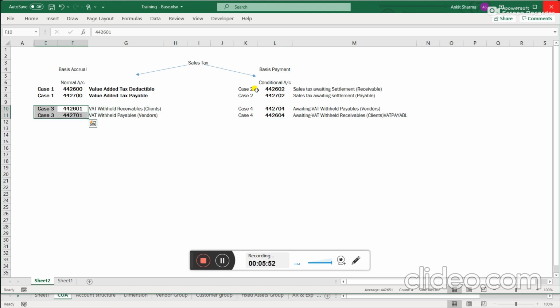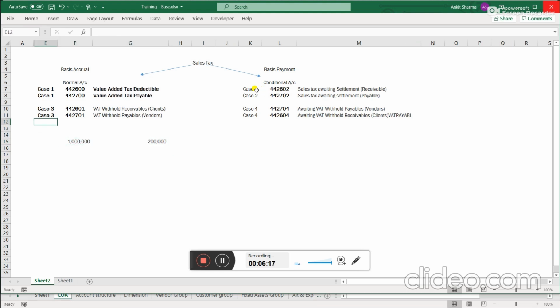I know it's a little bit confusing, but it is very simple because I'm just explaining the mechanism of how it works. You don't have to do any entry. The system will do the entry automatically. Let's say there is an invoice of 100K and there is a VAT of 20%. In case one, there is no issue: you select the normal tax code and the balance will be transferred into this particular account.